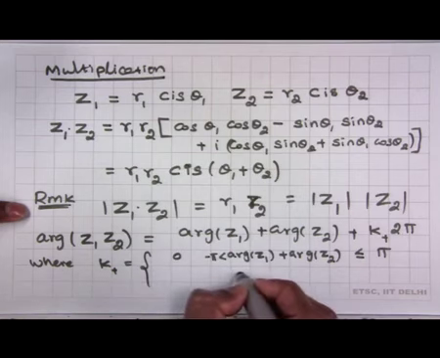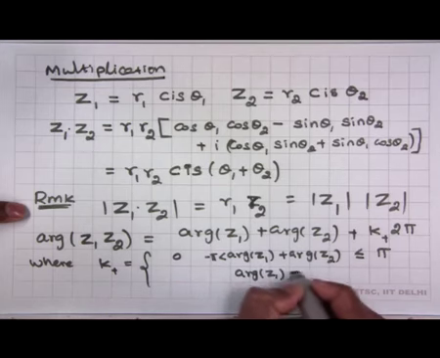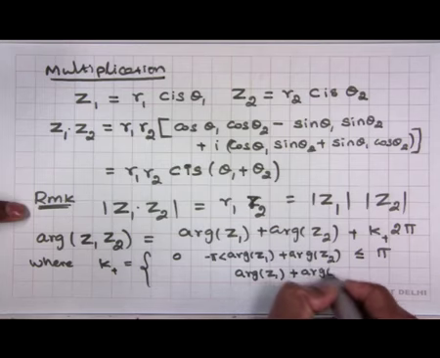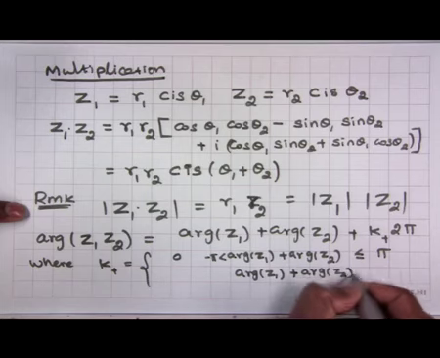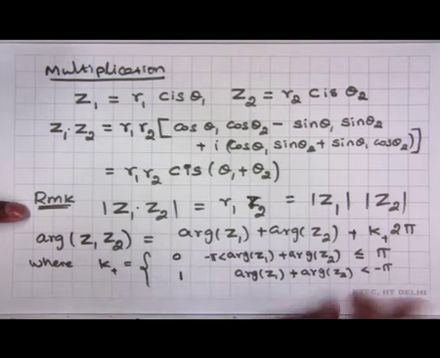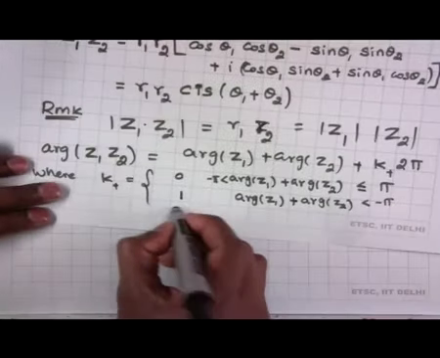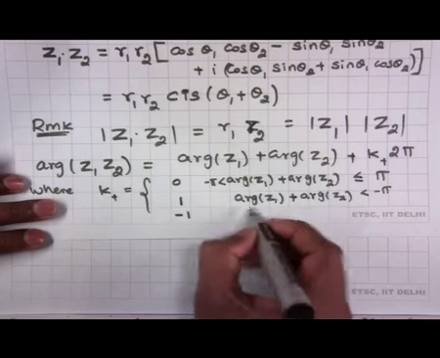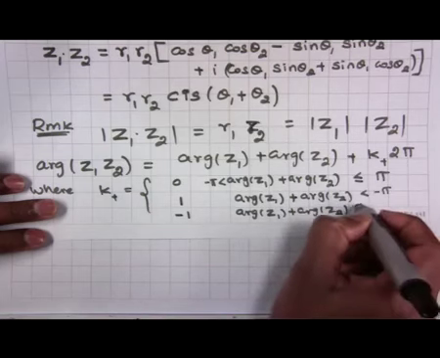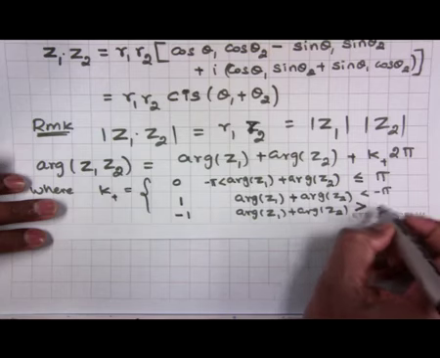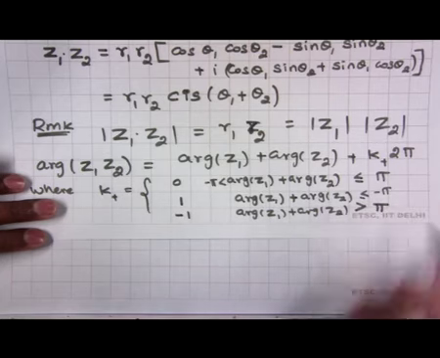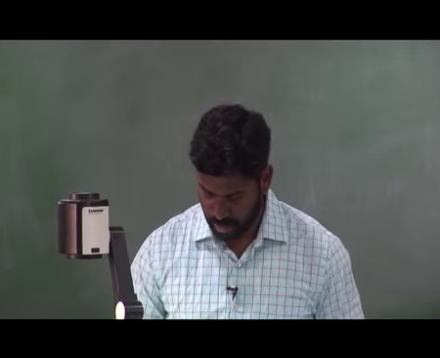But if it is less than minus pi, then we need to add 2 pi, which means k plus is 1, and if it crosses the range above pi, then we need to subtract 2 pi. Let us do a simple example.